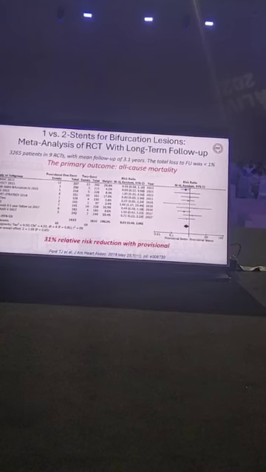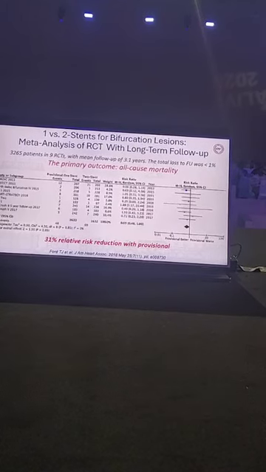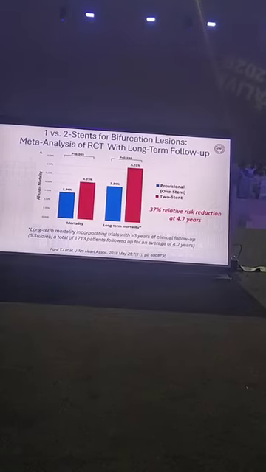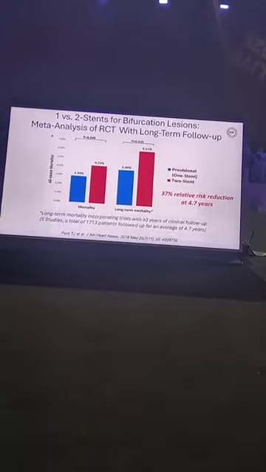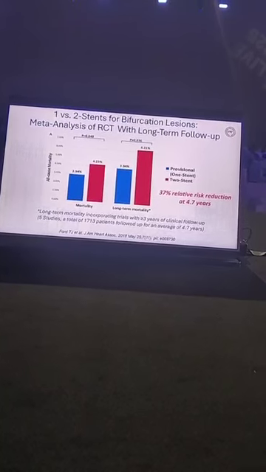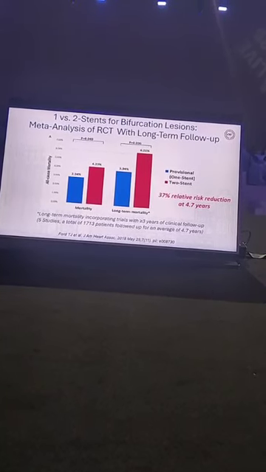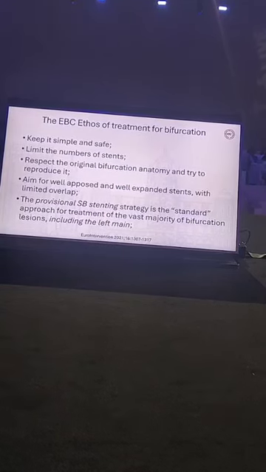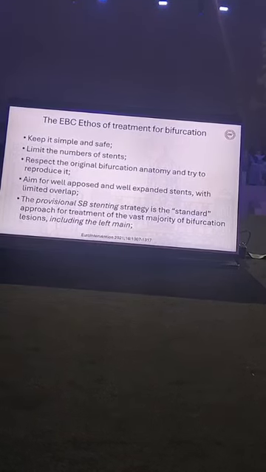So two-step strategy definitely increases the risk of long-term mortality, and the longer the follow-up period, like for these 5 studies, which follow 1,700 patients for 5 years, we see that mortality risk is even higher. For those reasons, the European guidelines for treatment of bifurcations define the following.